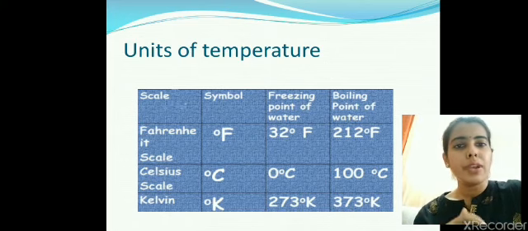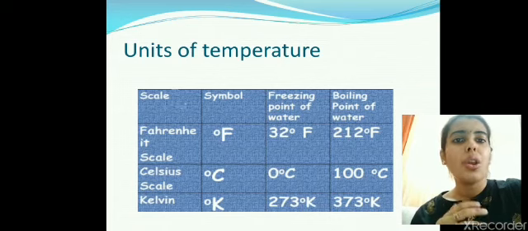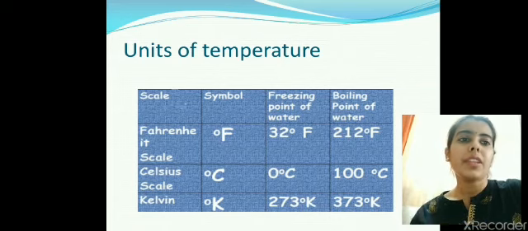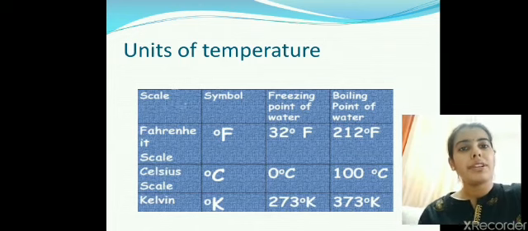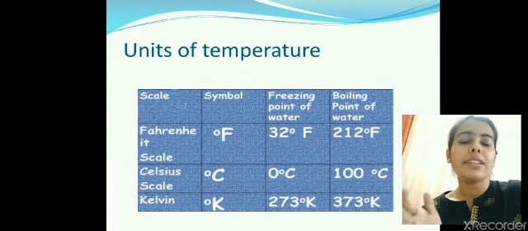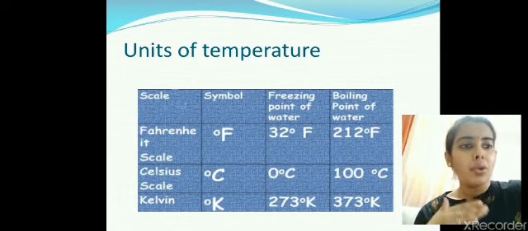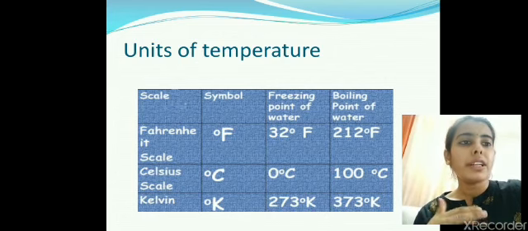This freezing point on the scale is called the lower fixed point. The boiling point is the point where the water starts boiling. It is 212 Fahrenheit, 100 degrees Celsius and 373 Kelvin. So these are the upper and lower fixed points for the different types of scales.